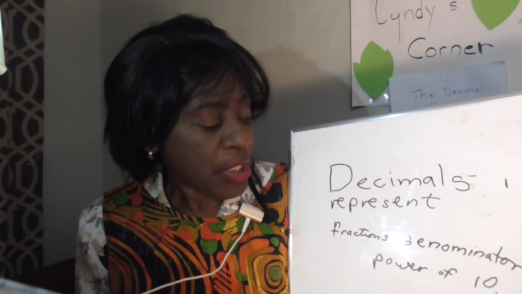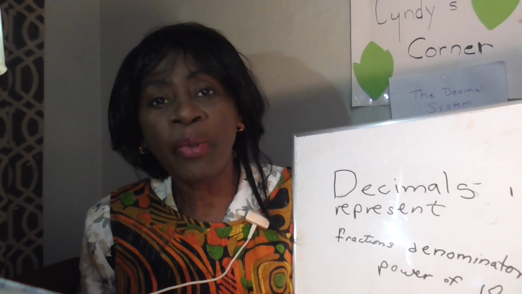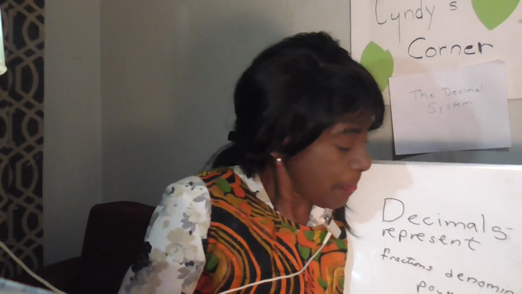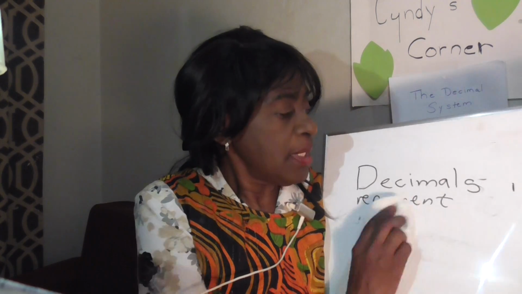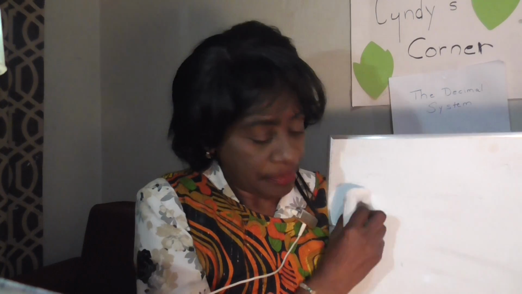Decimals represent fractions with a denominator that is a power of 10. What do we mean by that? What is a denominator that has the power of 10? We know that in fractions, we're going to talk about the decimals, but there is a relationship between the two.